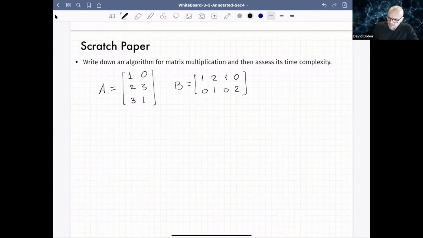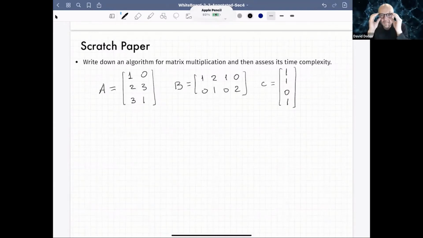The third matrix is a 4 by 1 matrix. It's going to be 1, 1, 0, 1. So here's the question. If you've taken linear algebra, you've seen this. Although matrix multiplication is not a commutative operation, so A times B is not B times A, it is an associative operation.